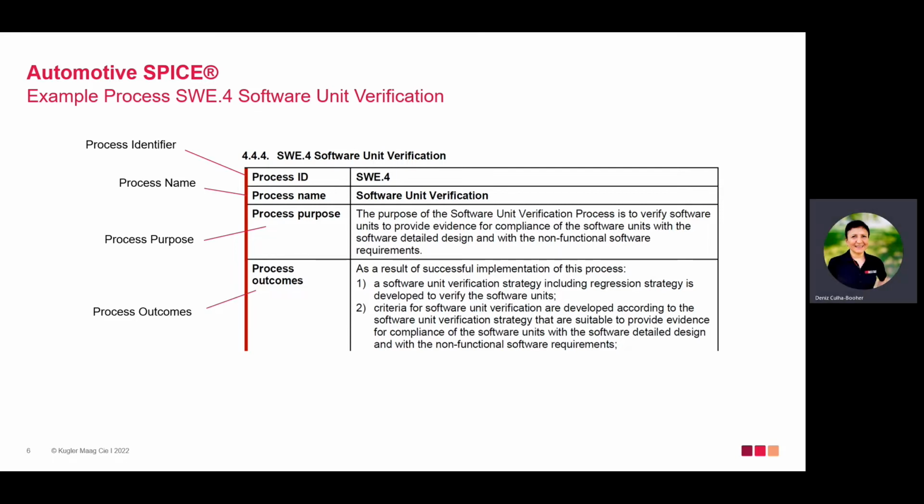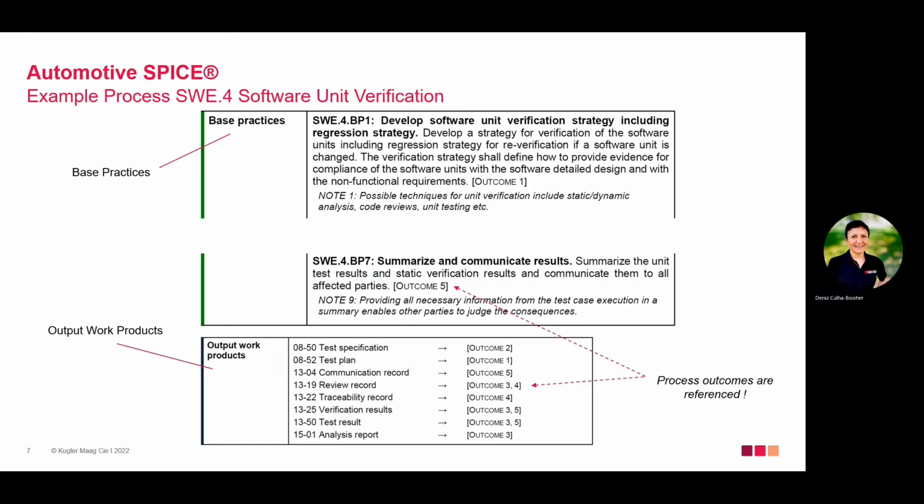In addition, for how you achieve these outcomes, there are base practices. And each of these you will also see in your pocket guide. You can think of them as the activities you're performing so that you can achieve those outcomes.